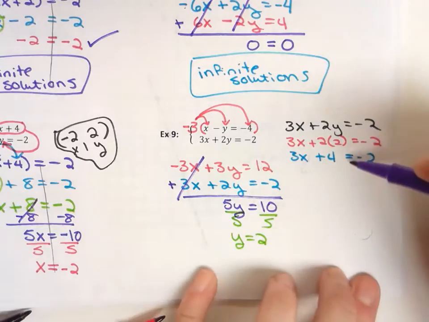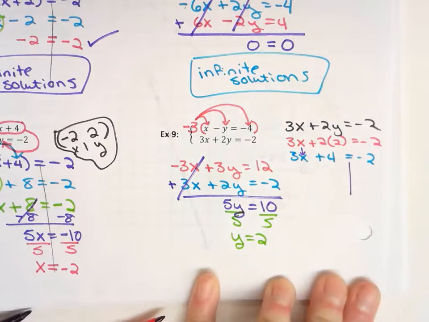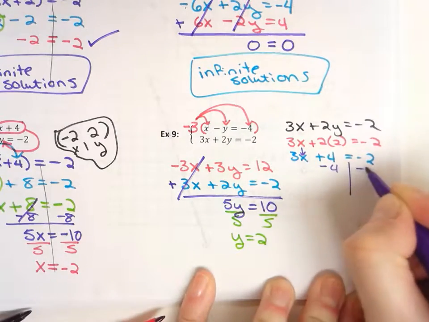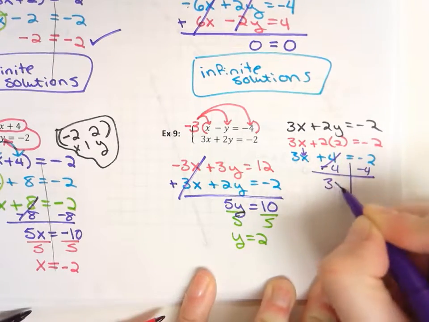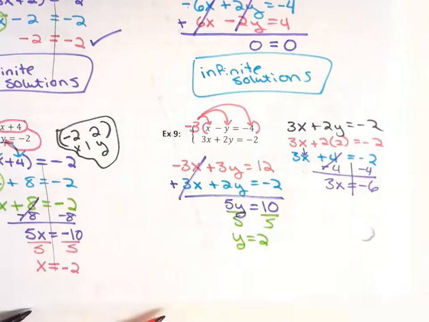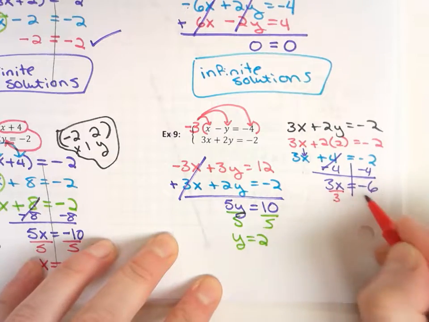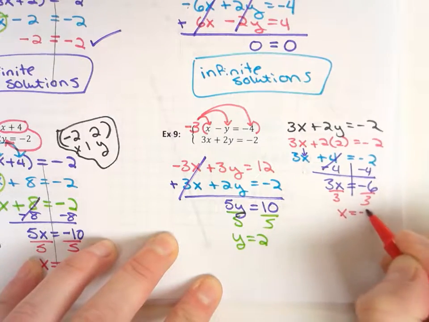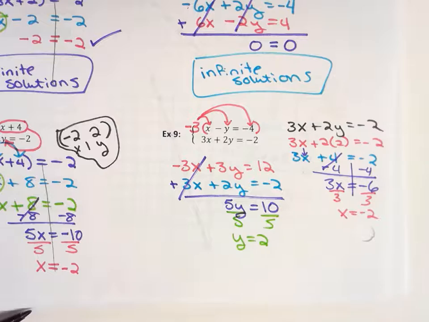And then it's just a two-step problem. So I'm going to start by subtracting 4 from each side. Well, -2 minus 4 is -6. One more step to finish getting the x by itself. I divide both sides by 3, and I've got x is equal to -2.